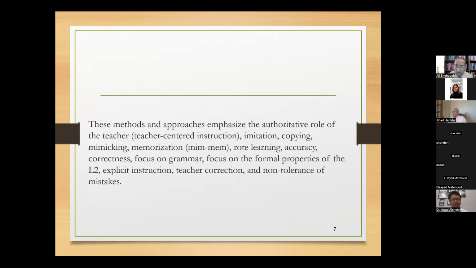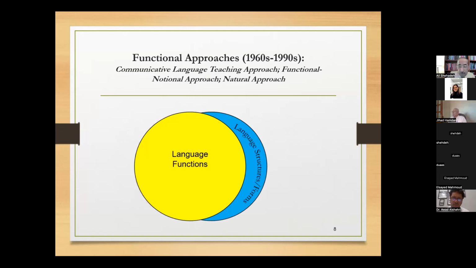If we move on to the 1960s and so on, with the rise of Chomsky and Krashen, we have the functional approaches that were popular between, say, the 1960s and the early 1990s. We have a number of them. Three of them are the communicative language teaching approach, the functional notional approach, and the natural approach.